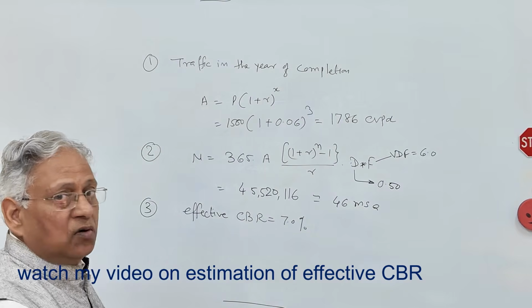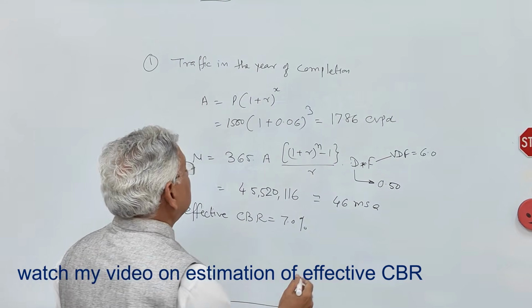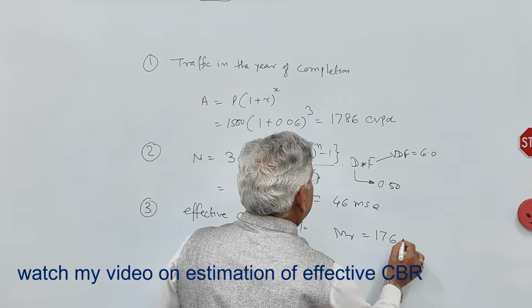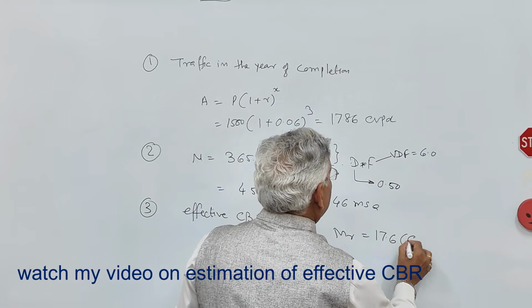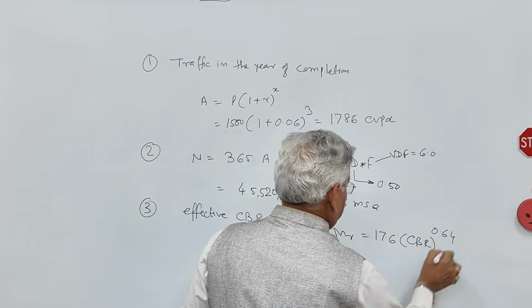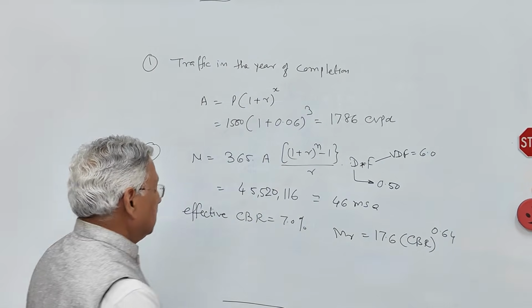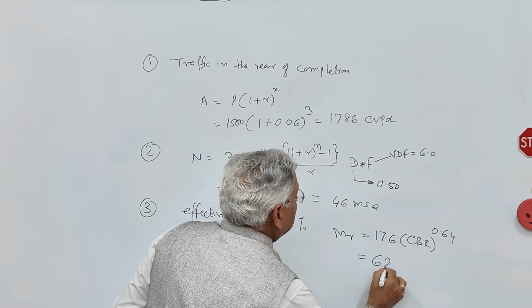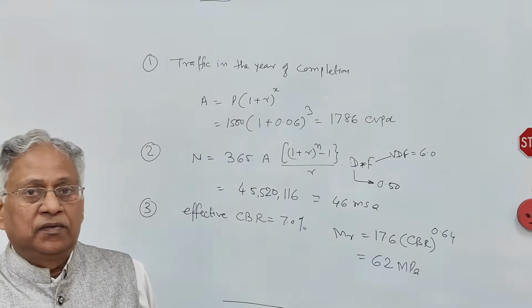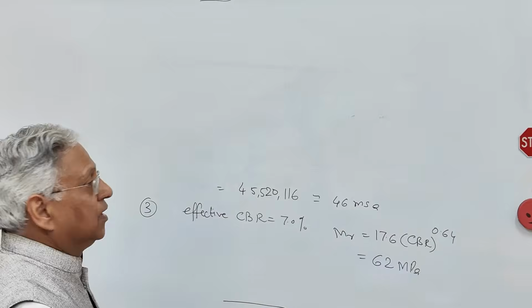Because this value is more than 5, you take the equation which is given in IRC 37: 17.6 into CBR power 0.64, and this is 62 MPa. This is the MR value of the subgrade.